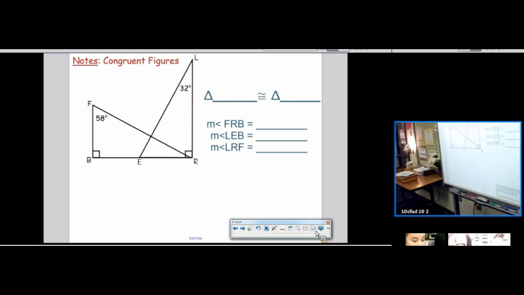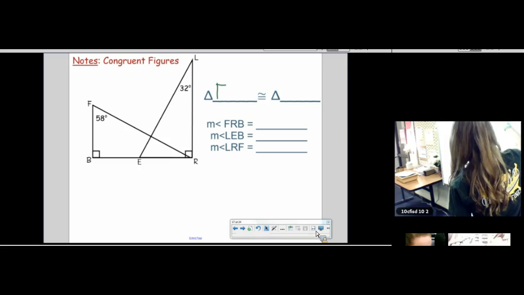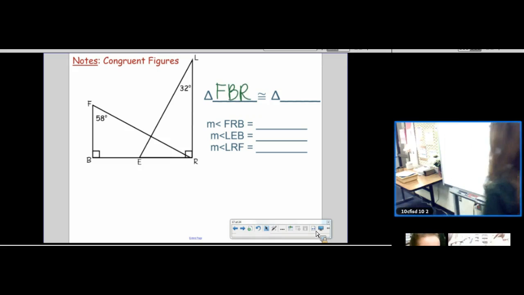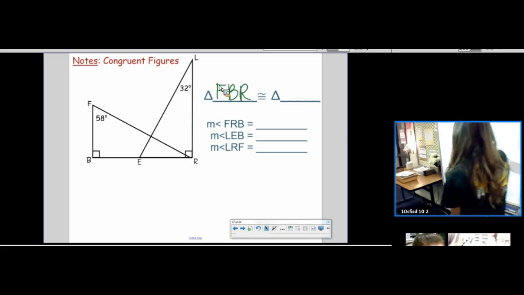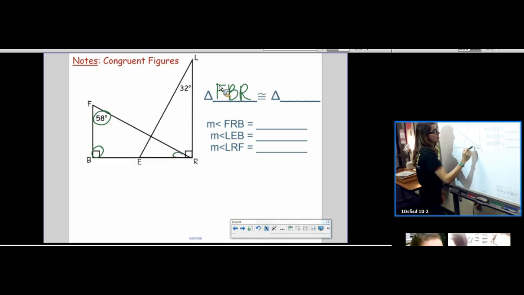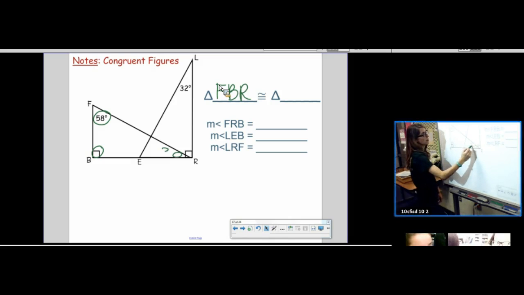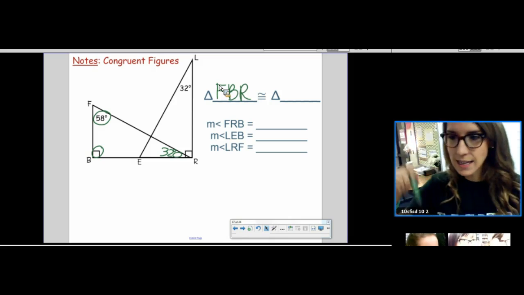Let's name the congruent statement. I will call this FBR. FBR is congruent to what? When I named that, I named the 58, then the 90, then we could find the missing angle, 32. So I need to name the 58, the 90, then the 32.